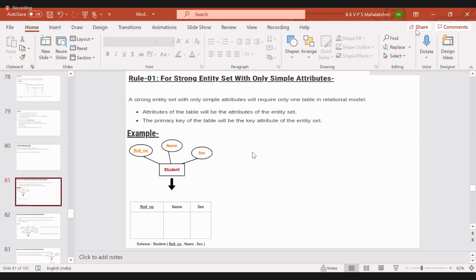It is easy. This is the strong entity set with one simple attribute. If there is only one entity, then only one table is enough. In that table, you just take all the attributes.